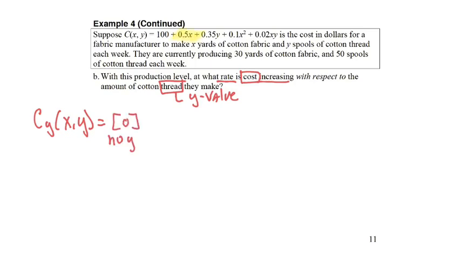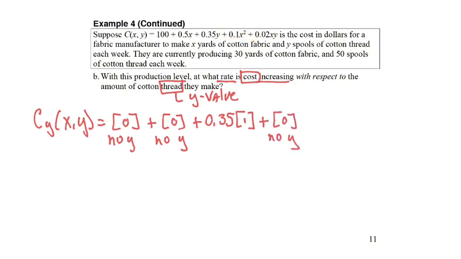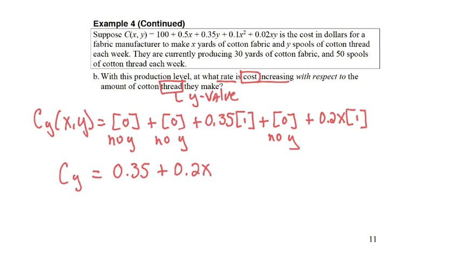The next term of 0.5x will have a derivative of 0 because it does not have a y. The third term of 0.35y, that one will give us a derivative value. The 0.1x squared, again, will get a 0 because there is no y value. But the last term does have a y value that goes to a 1. So our final derivative is 0.35 plus 0.2x.